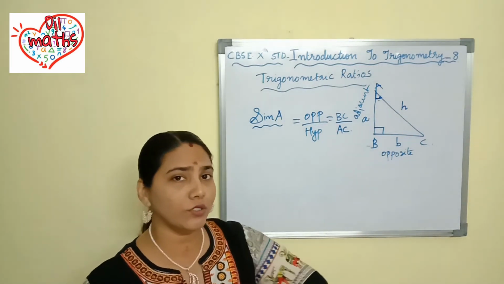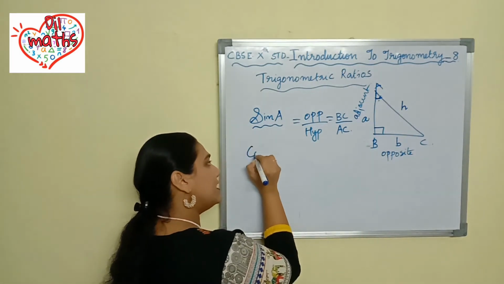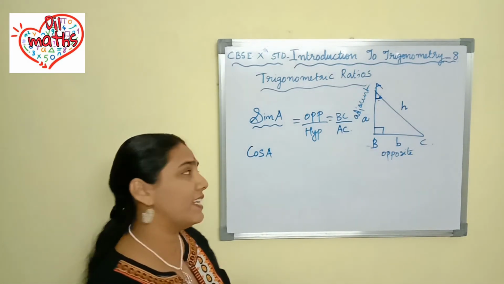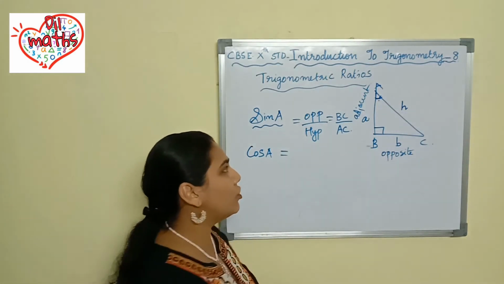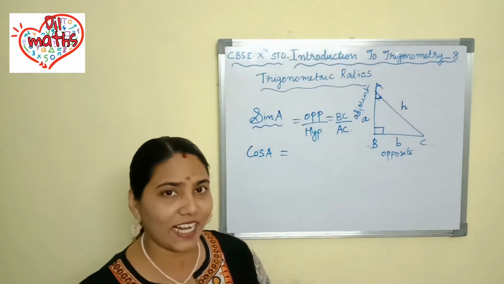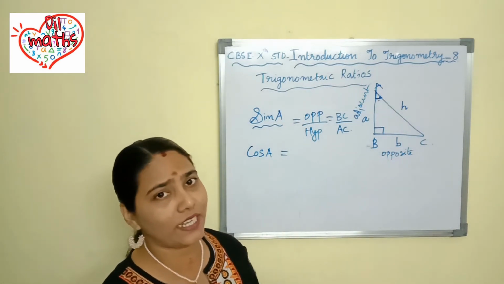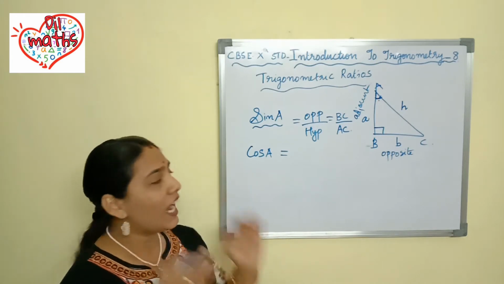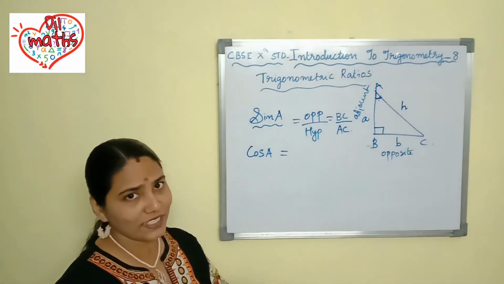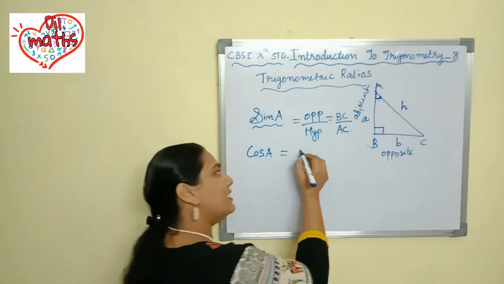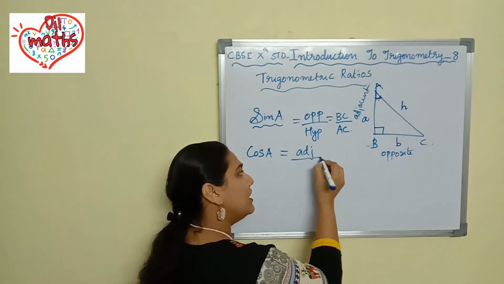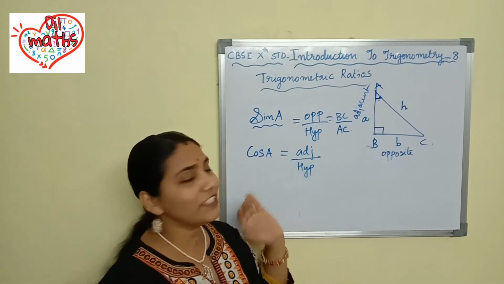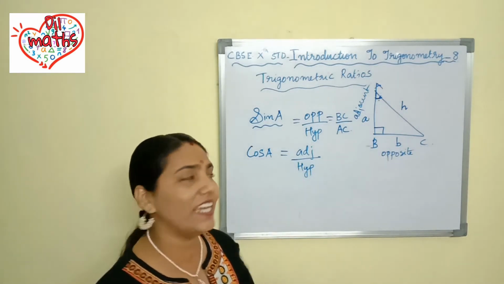Now we will go to cosine. That means cos A. The next trigonometric ratio is cos A. Cos A is equal to adjacent side divided by hypotenuse. So the ratio between the adjacent side and the hypotenuse we call cosine.